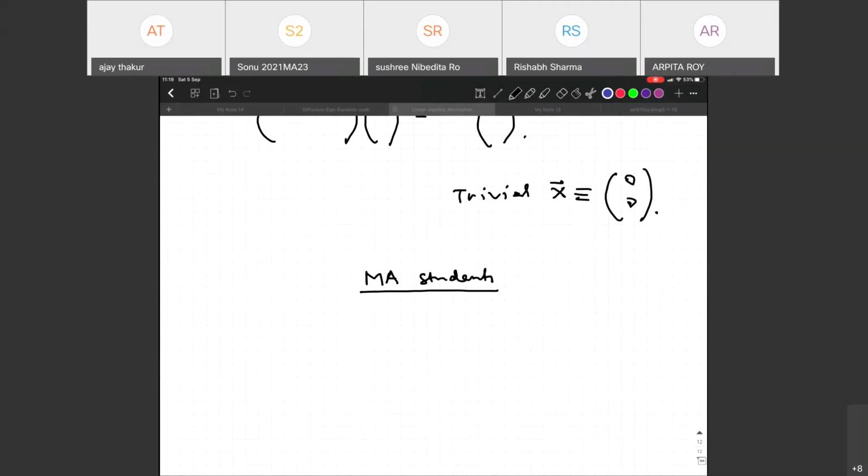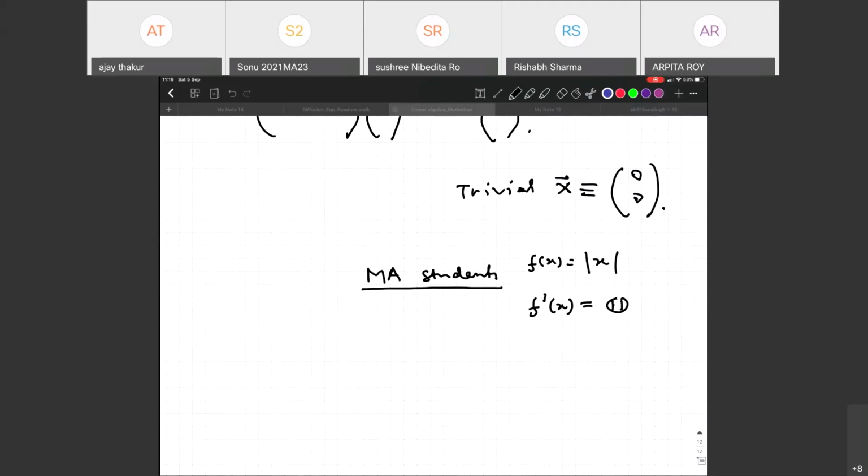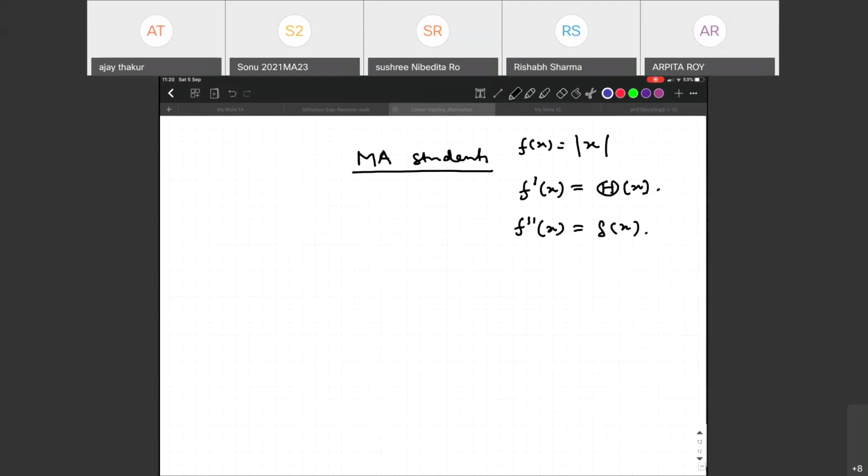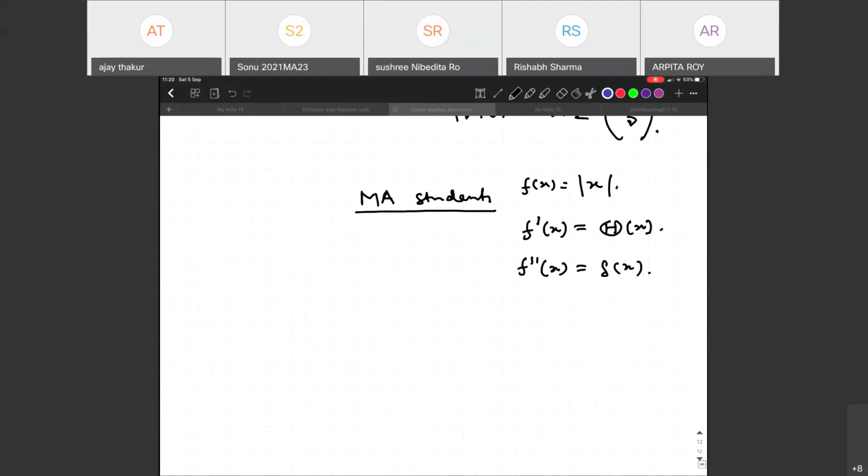When we write the modulo function and take f prime, that is like a Heaviside theta function, and when you take its derivative, that is more like a function which we call the Dirac delta function. That is all we have introduced till now. We have not done anything more than that. We will be developing it for everyone.